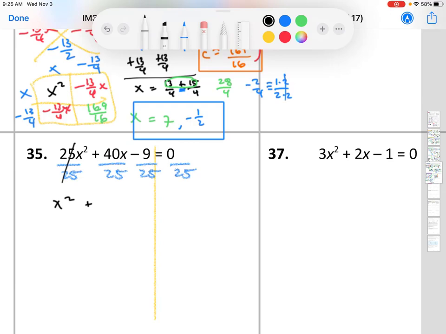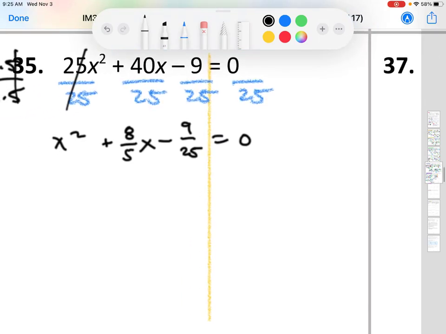This is going to be 8 over 5, 5 over 5, so that reduces to 8/5 x. Let's see if that hurts me, that I reduced it. Okay, so I'm going to add this to both sides.